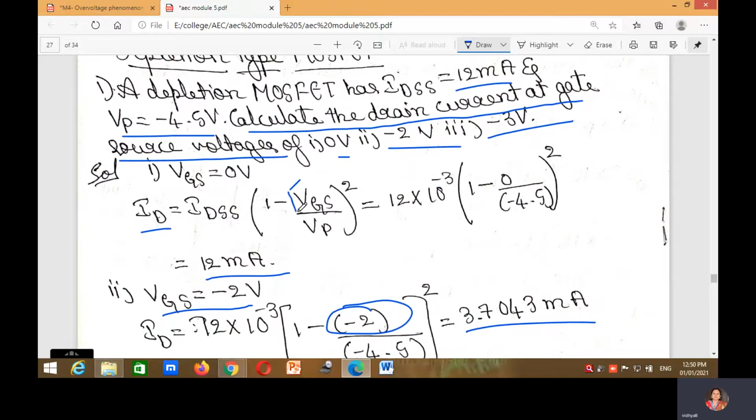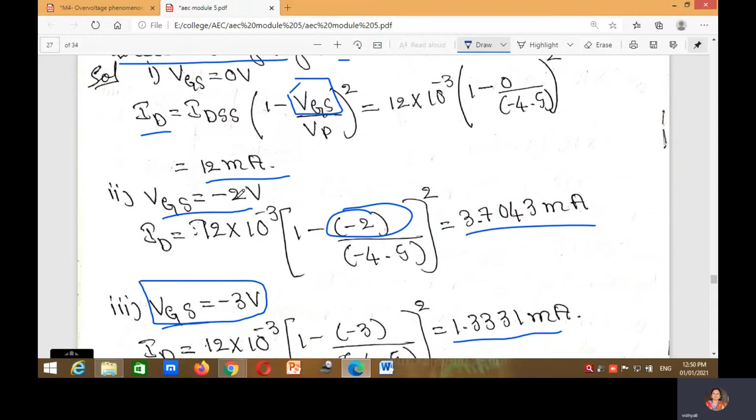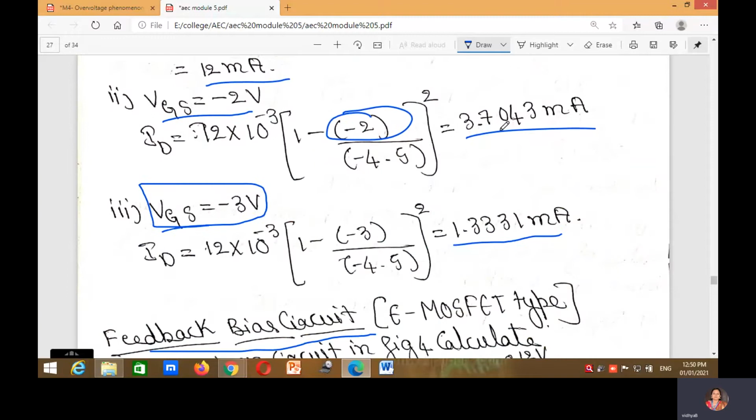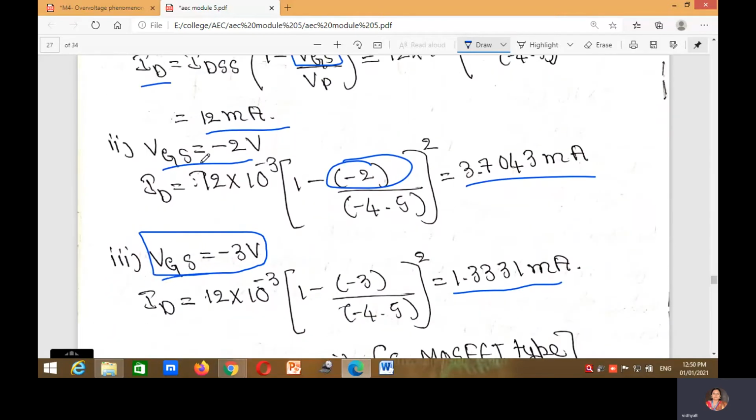Substitute the value 0 for VGS first, and you'll get 12 milliamps. Then substitute minus 2 volts, and you'll get the ID value 3.7043 milliamps. For VGS equal to minus 3 volts, substitute, and you'll get ID equal to 1.331 milliamps.